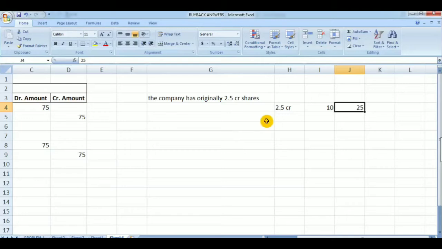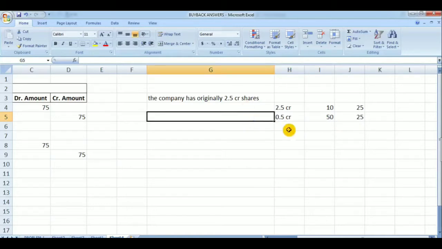Now we are buying back 50 lakh shares, that is 0.5 crore shares at rupees 50. So 0.5 crore shares into 50 per share means we will require 25 crore rupees.